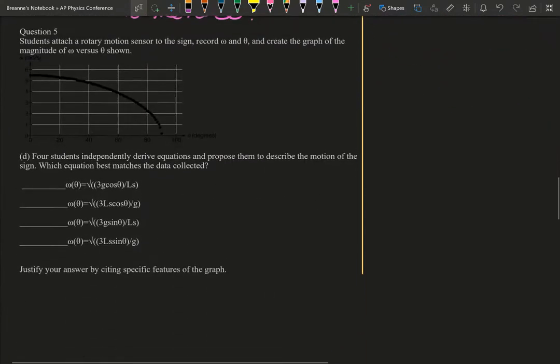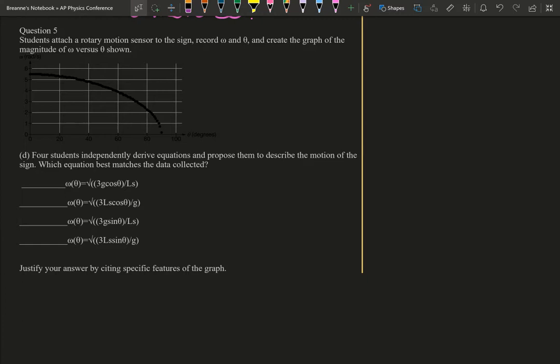Gravity really shouldn't play a part in this because omega is just your radius times your velocity. So gravity really doesn't play a part in it. So it's just according to whether we're using sine or cosine. Because of the way it's drawn, it's actually going to end up being cosine.